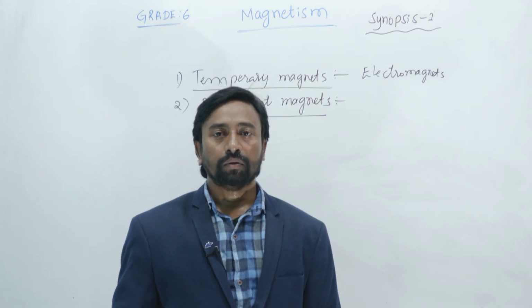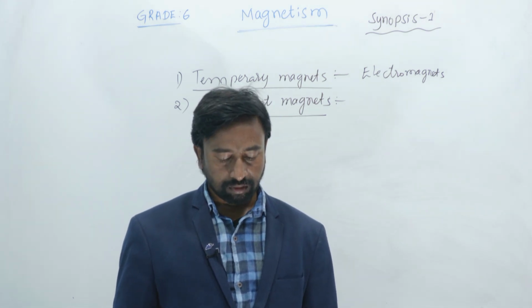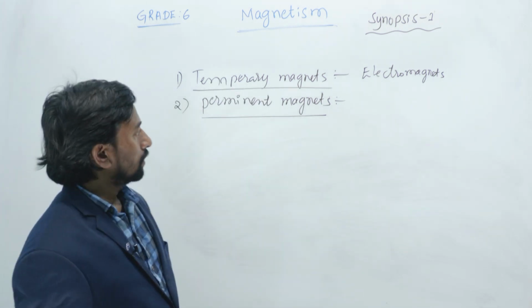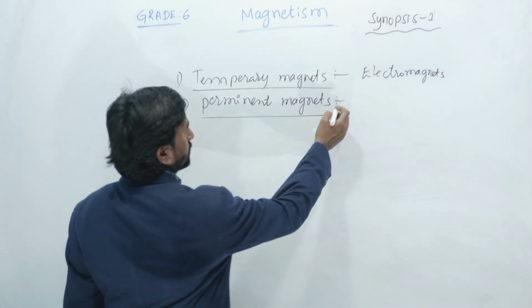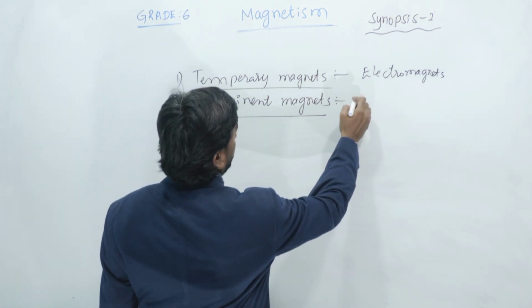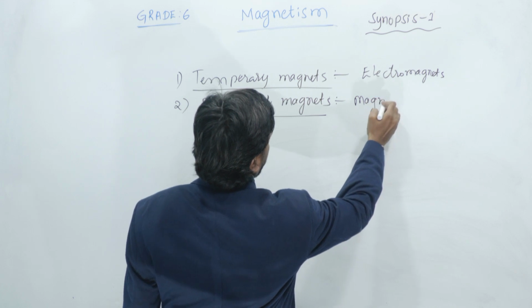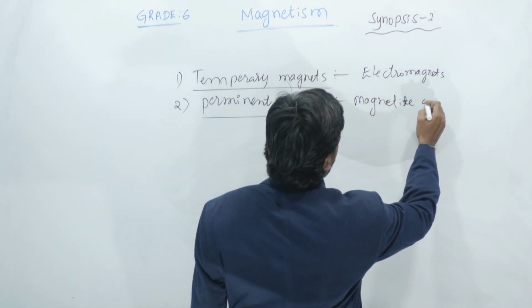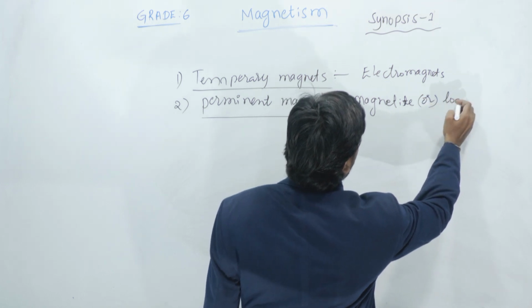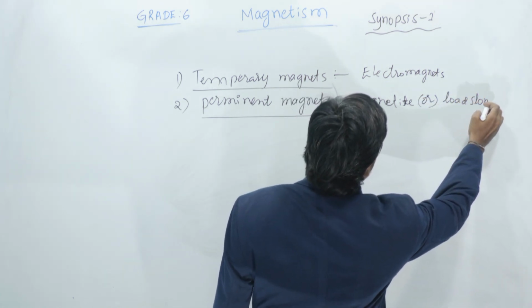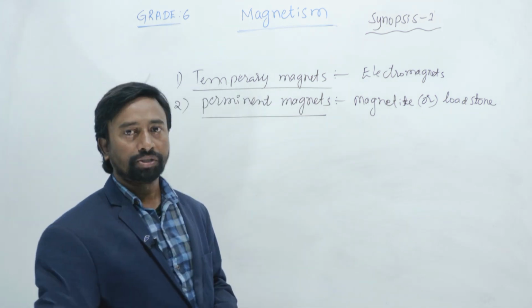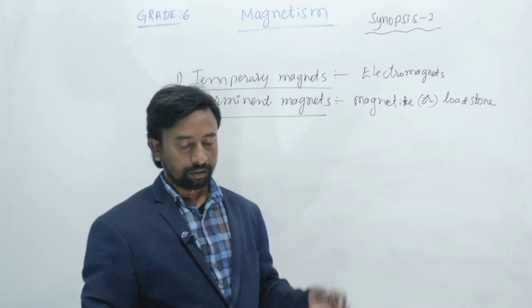Examples of permanent magnets: we can take magnetite, or lodestone. We can write that. A permanent magnet is one in which the magnetic property lasts for a longer time.